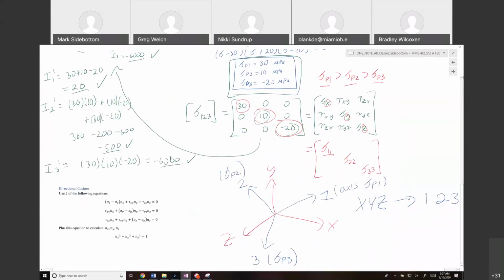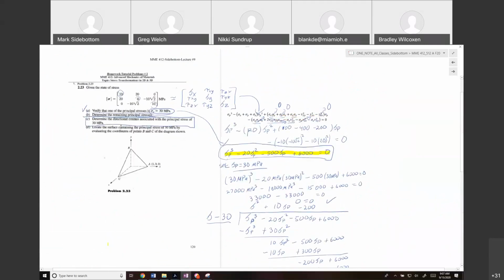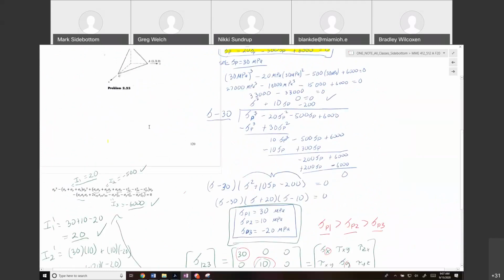So it asks us in the problem to determine the directional cosines associated with the principal stress of 30 megapascals.